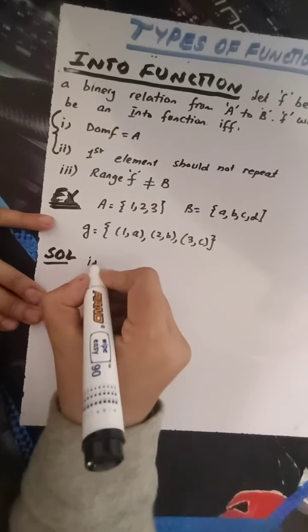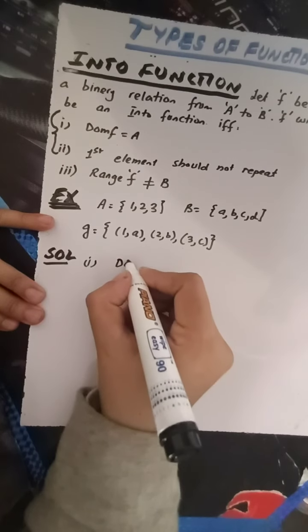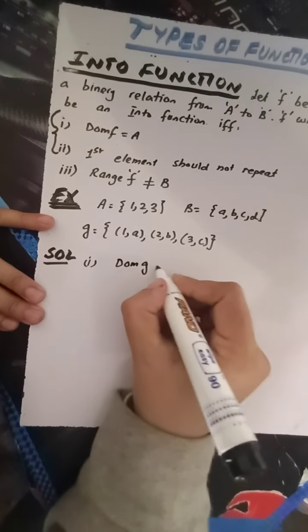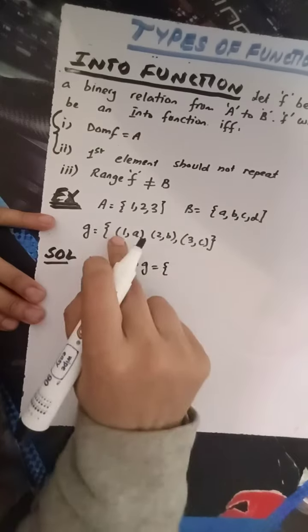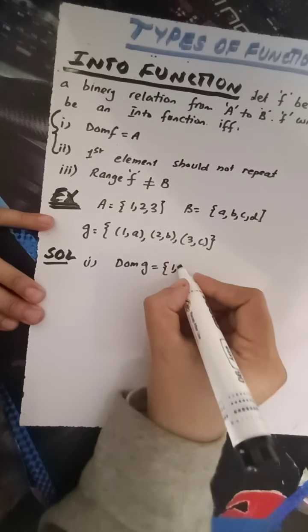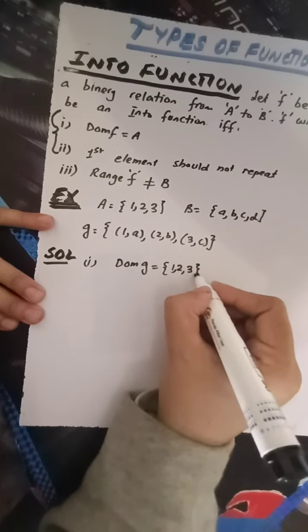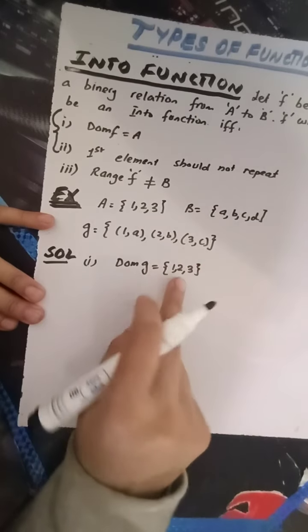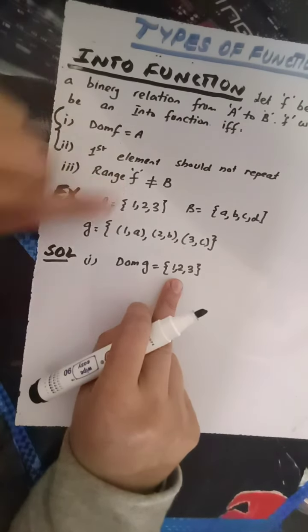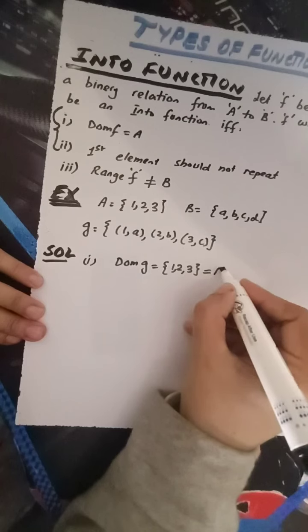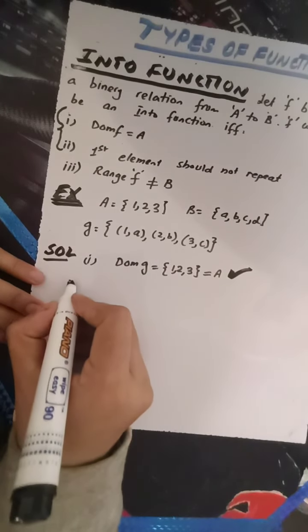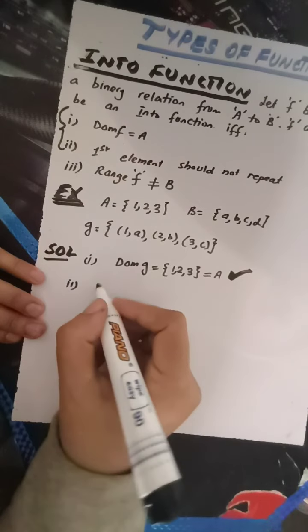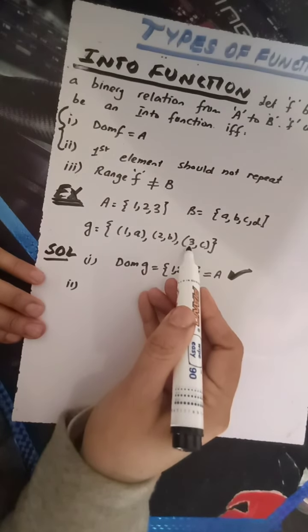The first condition is that we have to check whether its domain is equal to A or not. If I collect all the first elements and make a set of it, we get the domain. So {1, 2, 3} is the domain of g, and this is the set A. Both are equal, so the first condition is satisfied. For the second condition, we should check whether the first element is repeating or not.